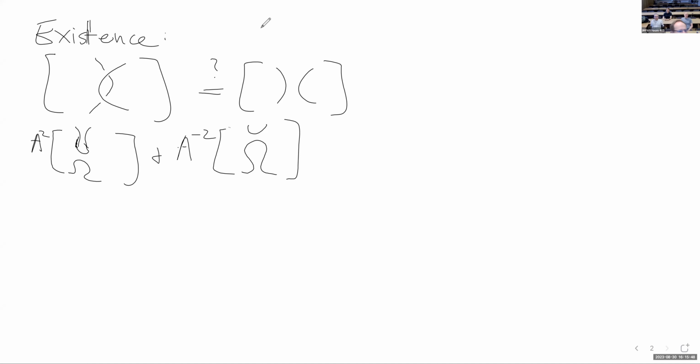Instead of one line, you should use two lines. All right, we'll do that. So choose your crossing with a red circle. All right. So I'm going to do this crossing first.